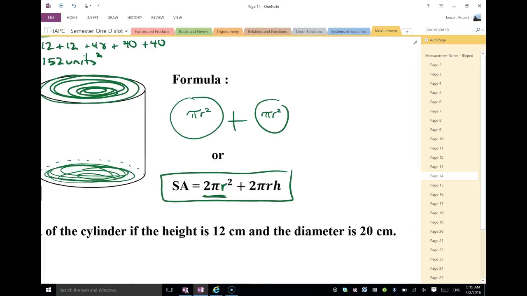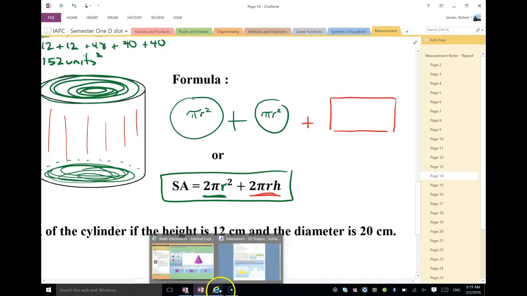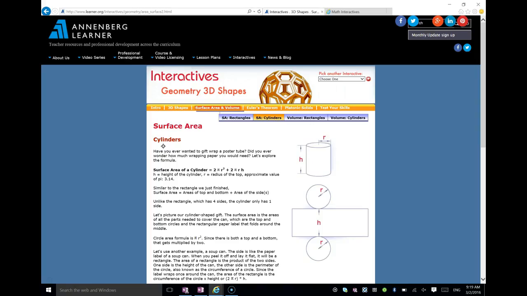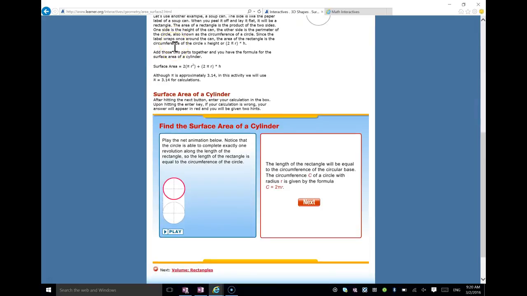Where does the second part of the formula come from? 2 pi r h. Well, this is the side of the cylinder. It's actually a rectangle. Let's take a look at where that comes from. Let's look at a cylinder. You can see as a cylinder unravels itself, the sides form a rectangle.